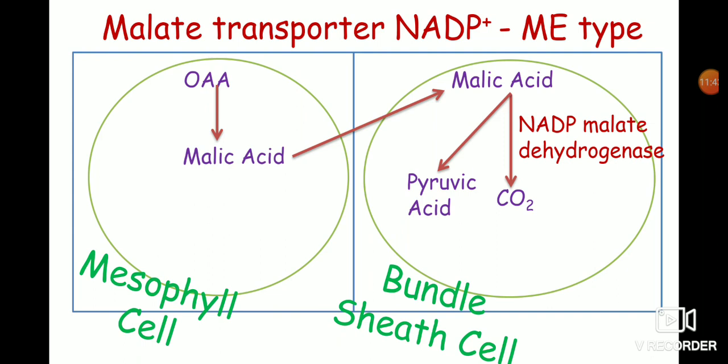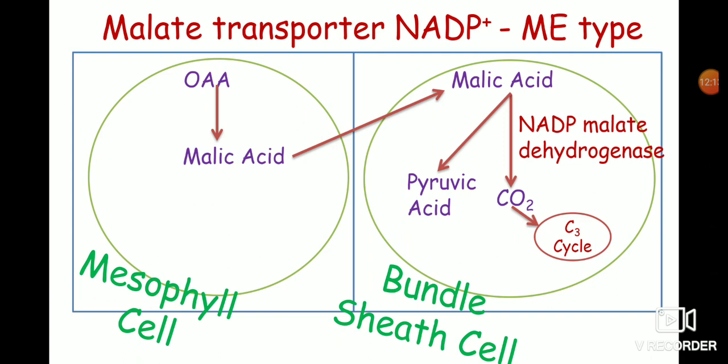This reaction takes place in the presence of the enzyme NADP malic enzyme. Hence, this type of plants is called NADP malic enzyme type.